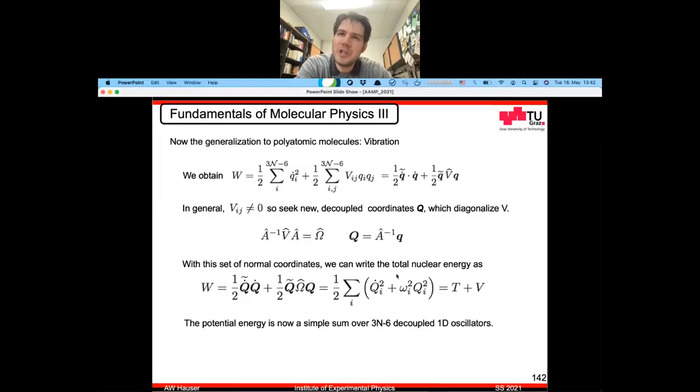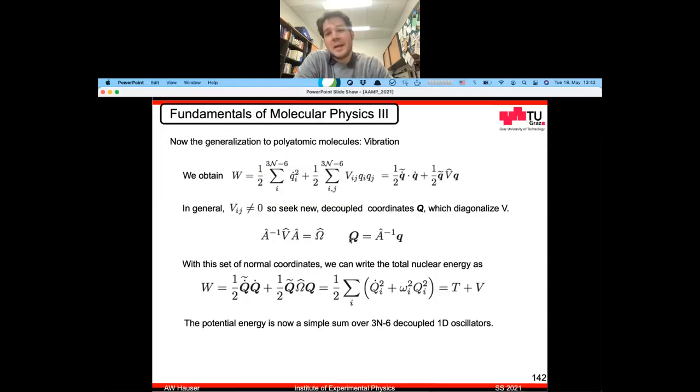Our vibrational wave function for these n atoms is a simple product of one-dimensional harmonic oscillator eigenfunctions, one for each vibrational degree of freedom, which corresponds to some internal coordinate Q. So I'm ending up in this approximation.